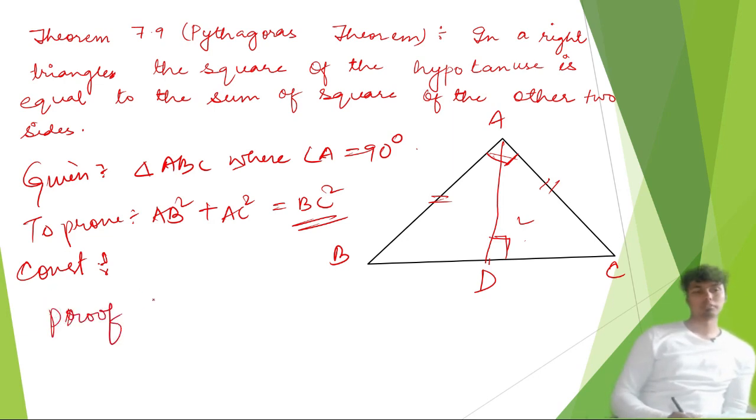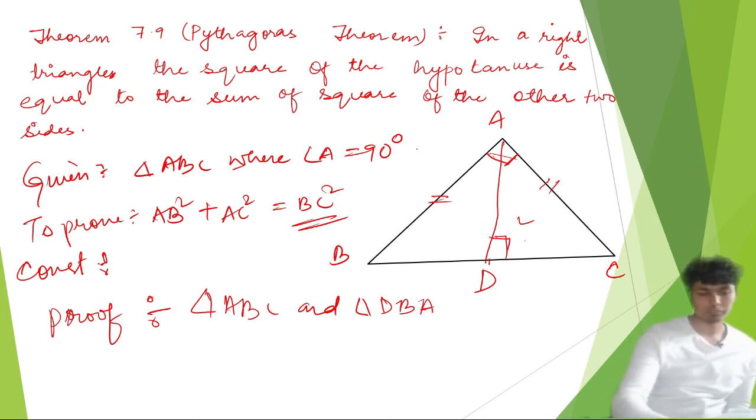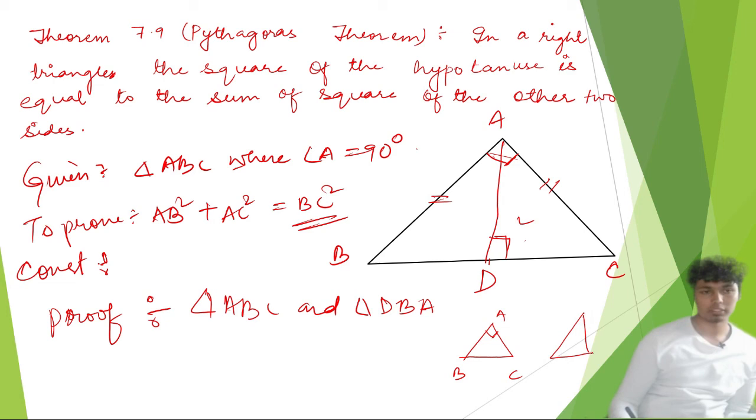How are we going to prove? So for proving, you are going to take triangle ABC and triangle DBA. If you look here carefully, triangle ABC is like this, ABC, and triangle DBA is like this, ADB.